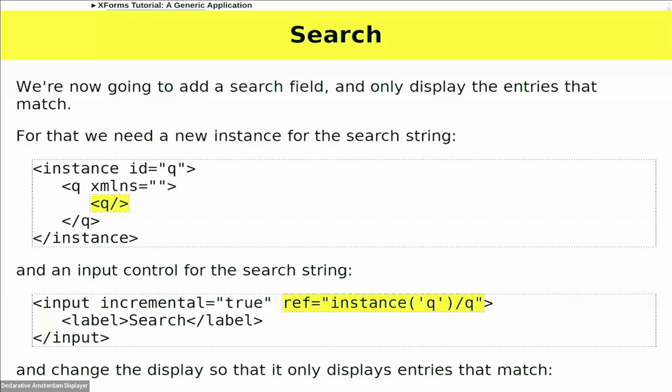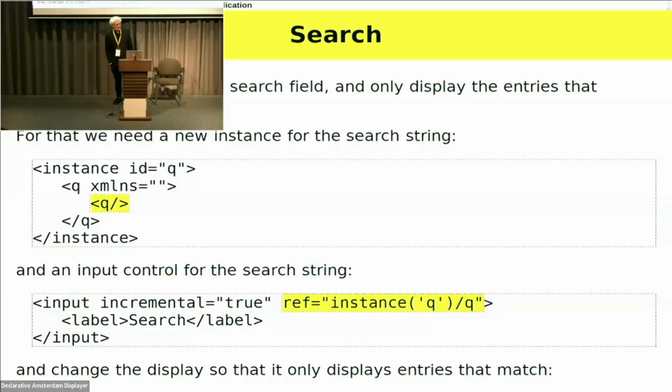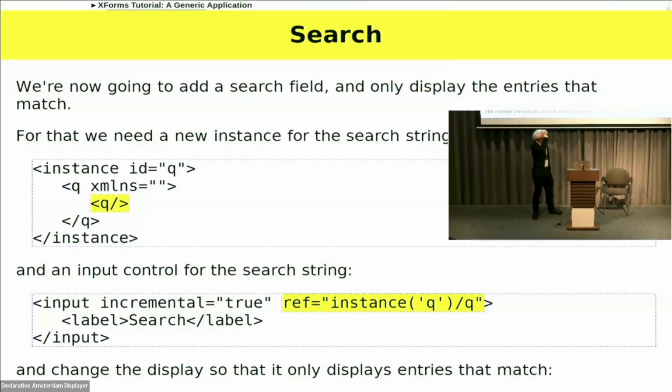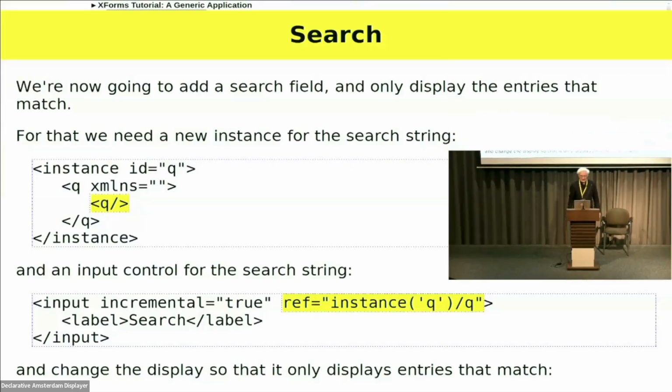That contains an XML document that has a single field Q. And then we add, before the display in the body, an input control for the search string. So we say input incremental equals true, which means that as you type it, it will have an effect. We have the ref to that new search string place, with some label like search.